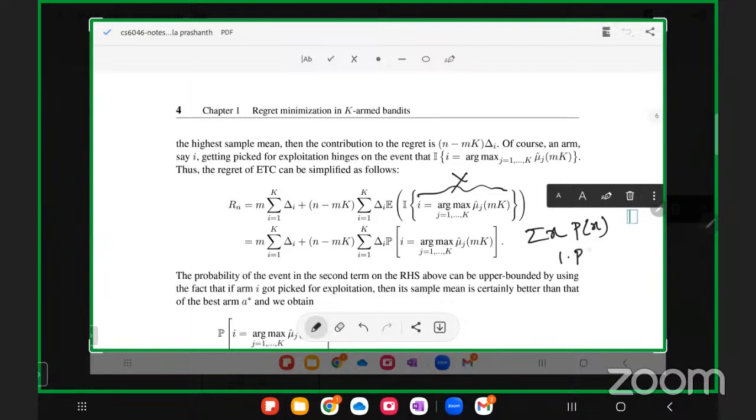So 1 into probability that h is equal to 1, plus 0 into probability h equal to 0. So this will go off, and only this thing will remain because it's an indicator value, right? Yeah, I got it. For an indicator random variable, the expected value is nothing but the probability of it being 1.